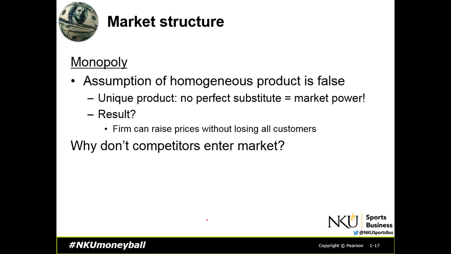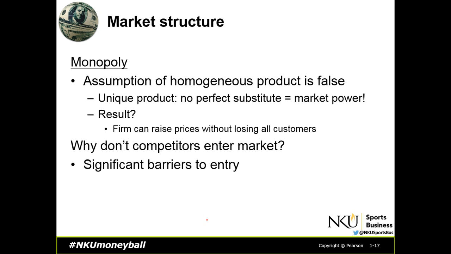So why don't competitors enter the market? Well, in our Major League Baseball example, of course, we've got significant barriers to entry. You have to have the league agree, all the owners, which make up the votes in the league, all the other owners have to agree to allow you in as an expansion franchise. And that is extremely unlikely to happen in Major League sports.